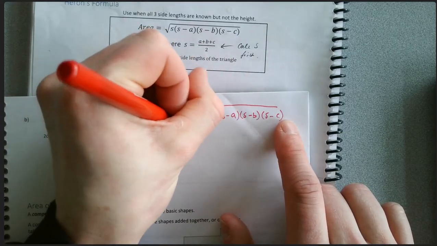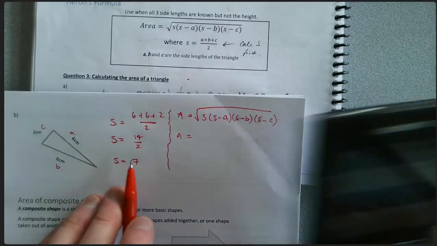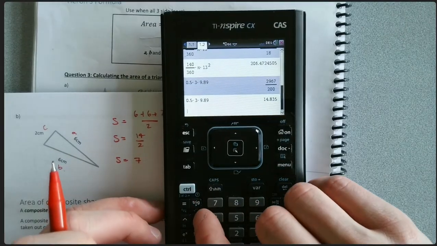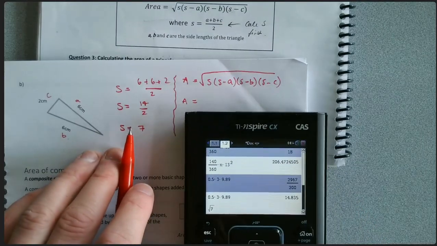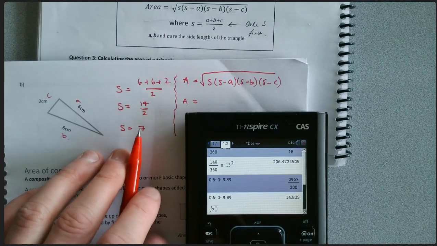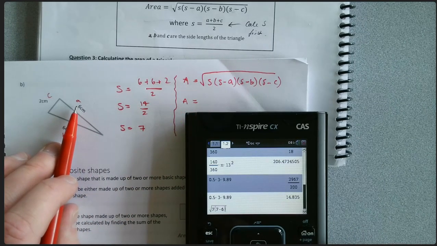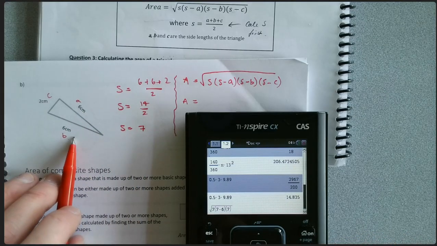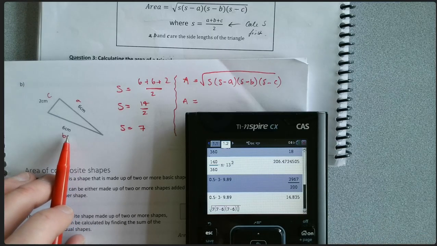Right, so area is equal to, and I would just put this in your calculator to save yourself time. So S is going to be 7. So first of all, we do the square root, control, and then going where it's the square button, gives you the square root. We're going to do 7 multiplied by, so do the bracket, S, so 7 take away 6, close the bracket, another bracket is going to be 7 take 6 again, then close the bracket, another bracket, it's going to be 7 take 2, right, hit enter on that.